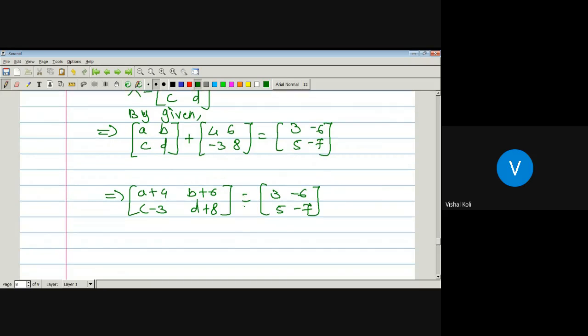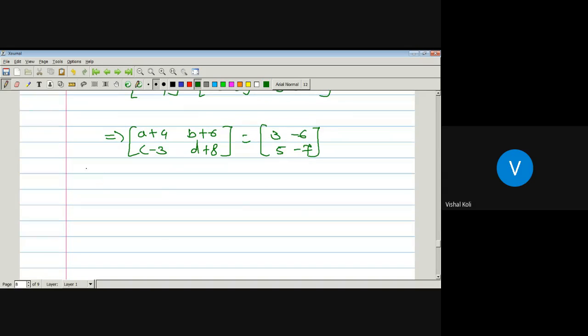Now we know that two matrices are said to be equal if their corresponding elements are the same. As these two matrices are the same, this implies A plus 4 is equal to 3, B plus 6 equals minus 6, C minus 3 equals 5, and D plus 8 equals minus 7. So A plus 4 equals 3 implies A equals 3 minus 4, which is minus 1.